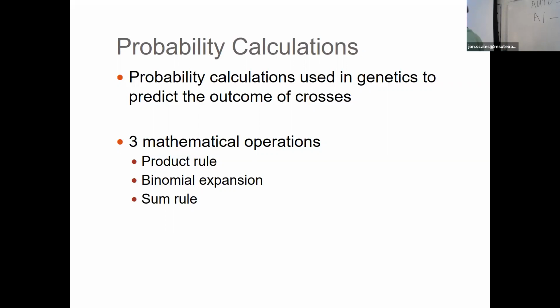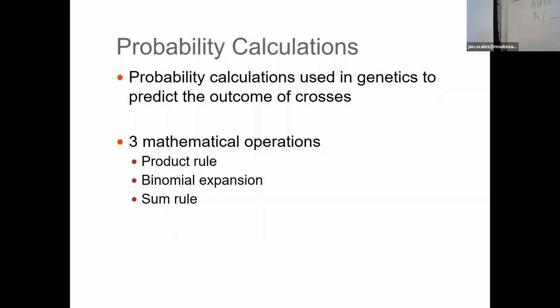So the first 2 here, the product rule and what's called binomial expansion, are the same. The product rule is a specific case of binomial expansion when order of occurrence is taken into account. And binomial expansion would be a situation where order of occurrence is irrelevant.